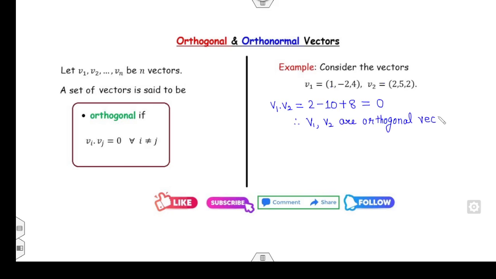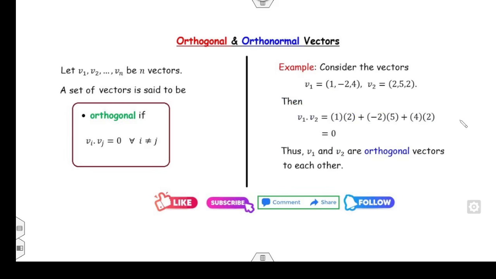Clear? Now, is it orthonormal? We can calculate the norm. Norm of v1 is defined as 1 plus minus 2 squared, which is 4, giving 16, which is clearly not equal to 1. So v1 and v2 are not orthonormal.